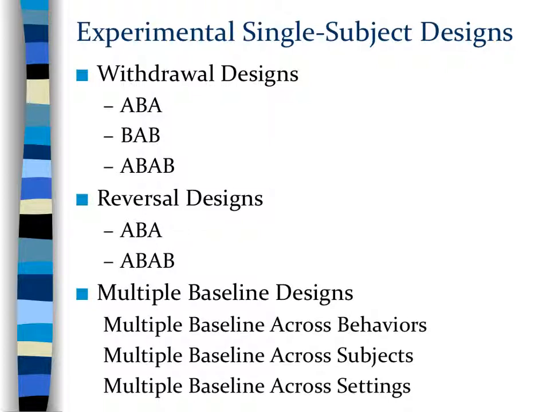This would constitute a problem with the ABA design. To overcome this, the investigator introduces an additional treatment phase at the end of the ABA design, which makes it an ABAB design. That is, the control condition is followed by an experimental condition, which is followed by an additional control condition and experimental condition.